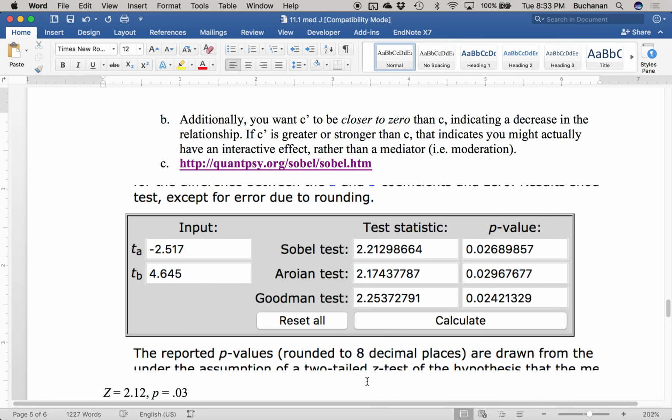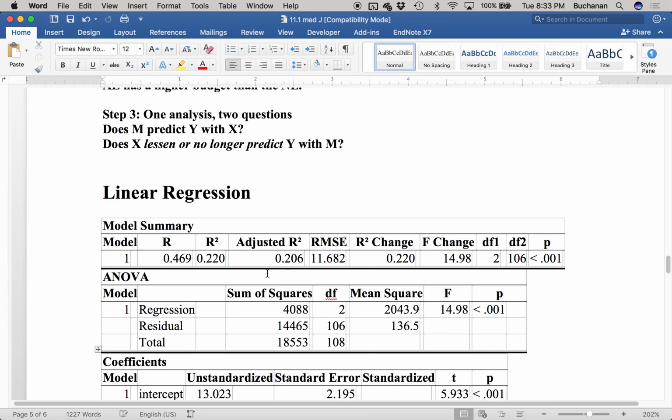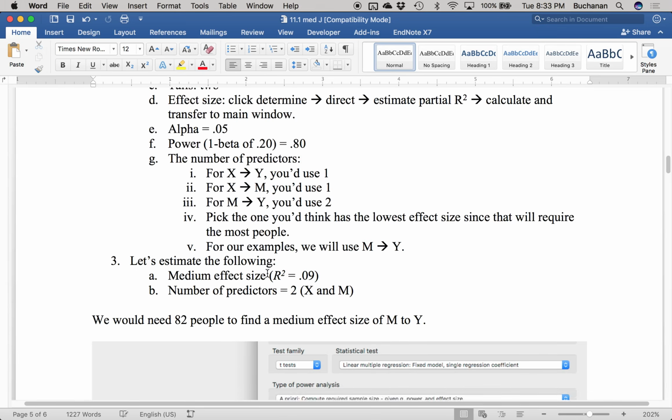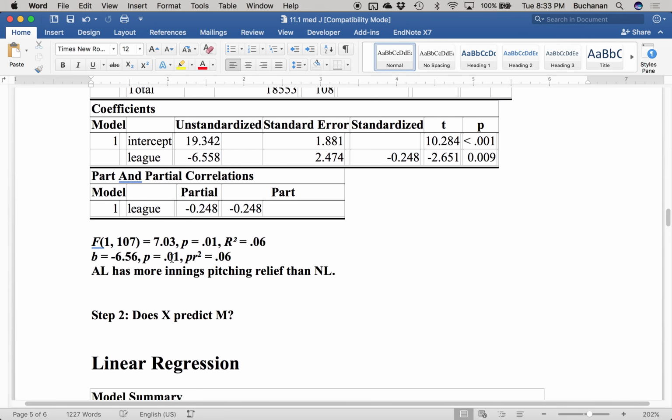So all that together is mediation, from power and data screening through running the steps. The only thing I'd want to fix is actually reporting the t values, because you should. And so I would add those here. The brief reminder here is that the degrees of freedom is the second degree of freedom from our F statistic. In this case it's negative 2.65.